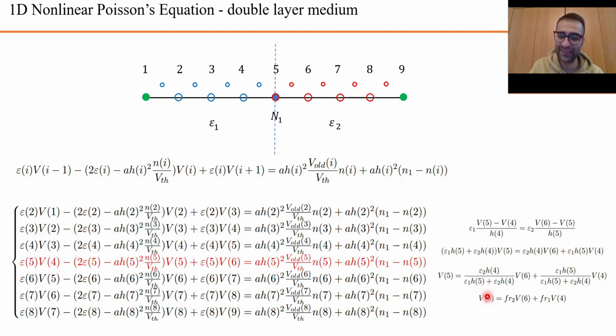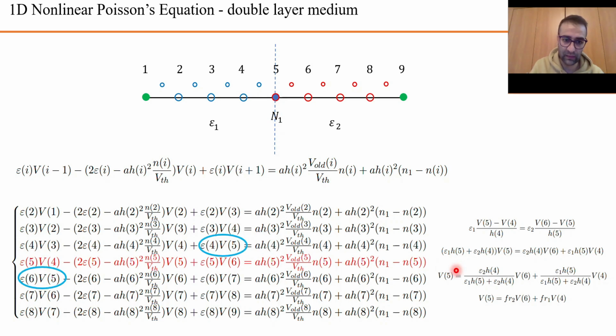And now that we have derived this V5, we need to substitute this V5 into the equations corresponding to the neighboring points of the interfacial grid. The neighboring points to point 5 are 4 and 6. This equation shows the value of the PDE at grid number 4.